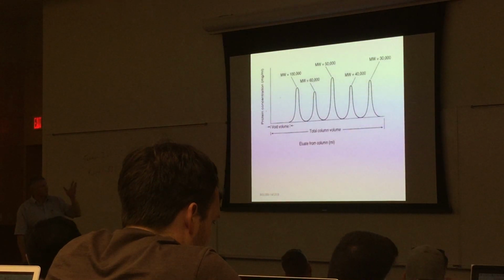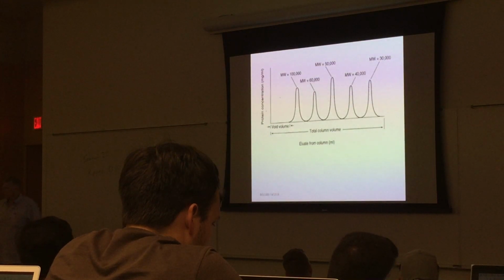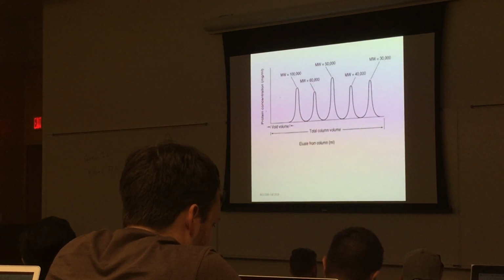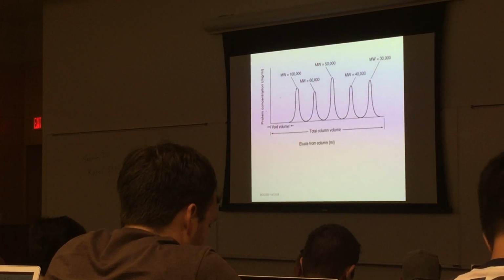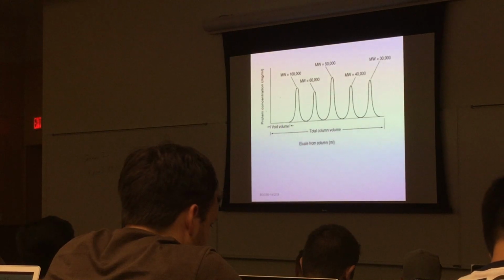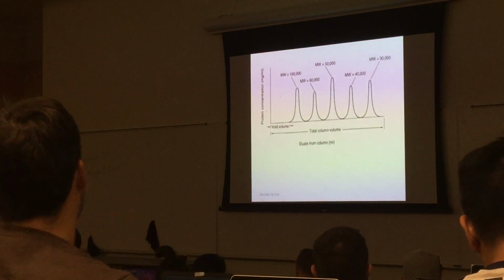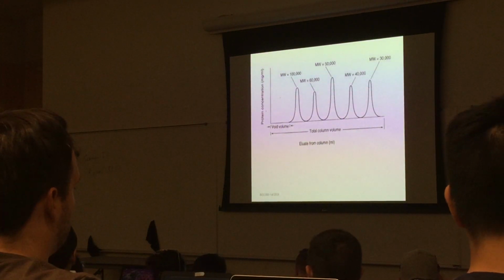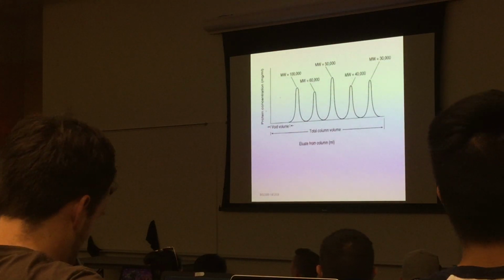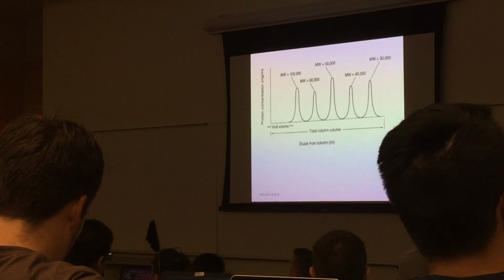In this case, the first protein is a large protein. The last protein to come off, 30,000 Daltons, came off last because it weaved in and out, not only between the beads but inside the pores of the beads. So it had a longer distance to go until it got out of that Luer lock. So that's size exclusion chromatography. You're responsible for that for future issues.